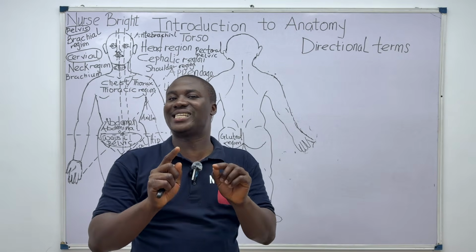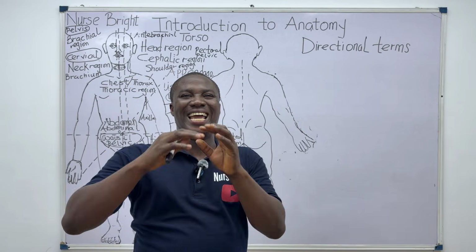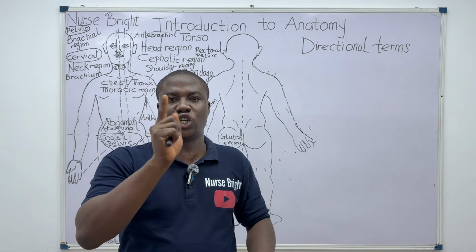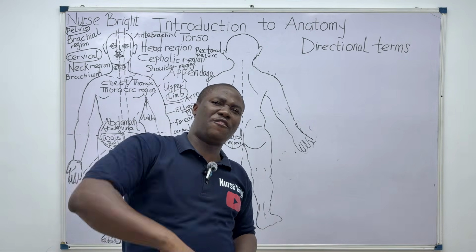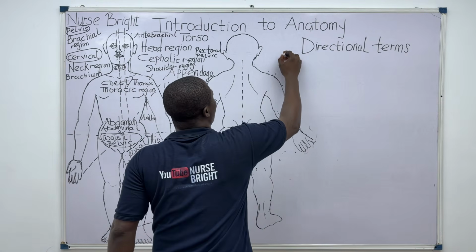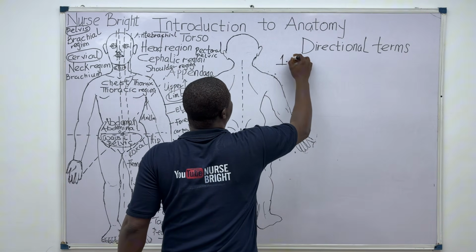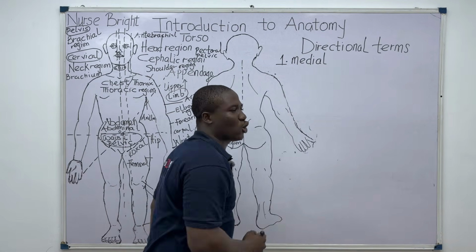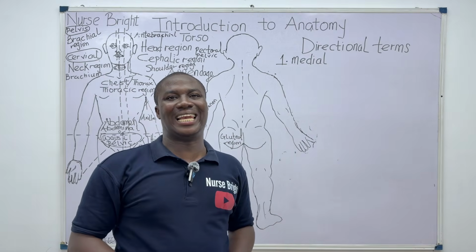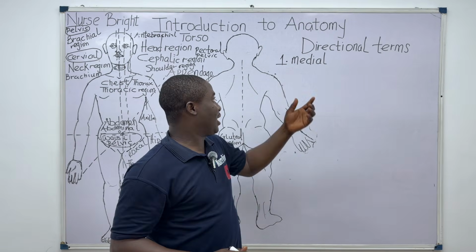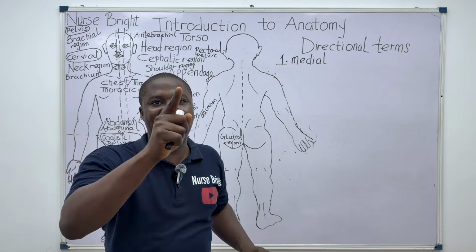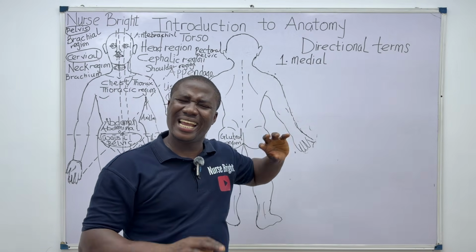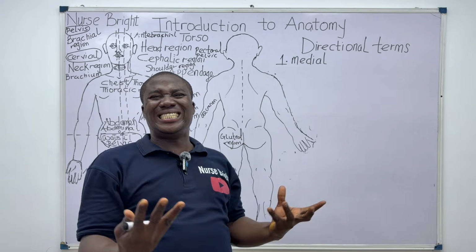So let's get into the first directional term. I'm going to use this term to make a lot of examples. Pay attention. The first term I'll be talking about is called medial. Looking at the word medial, it sounds like median.